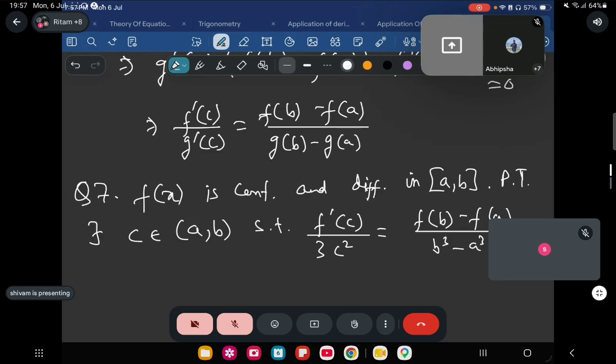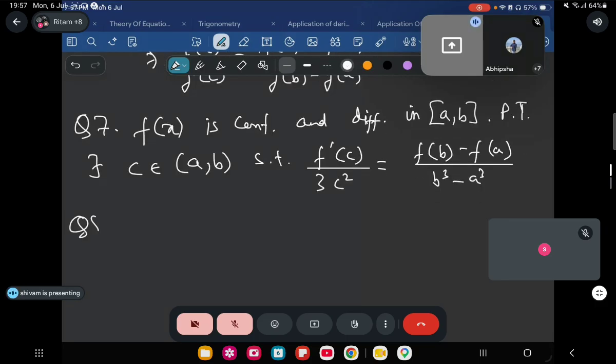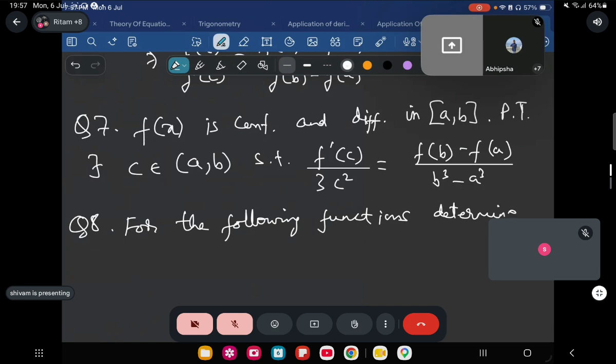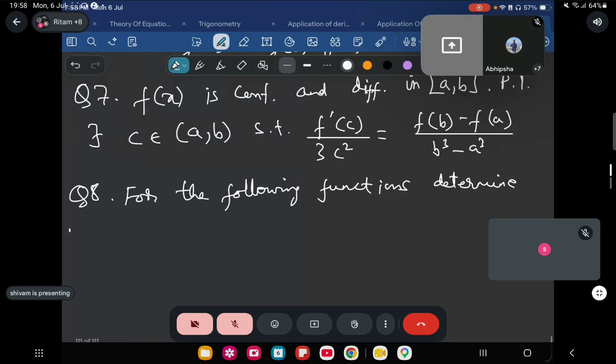Solve. Question number 8. For the following functions, determine whether c is arithmetic mean, geometric mean, or harmonic mean between a and b.